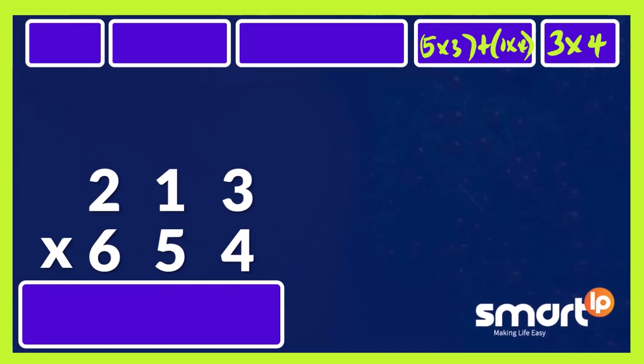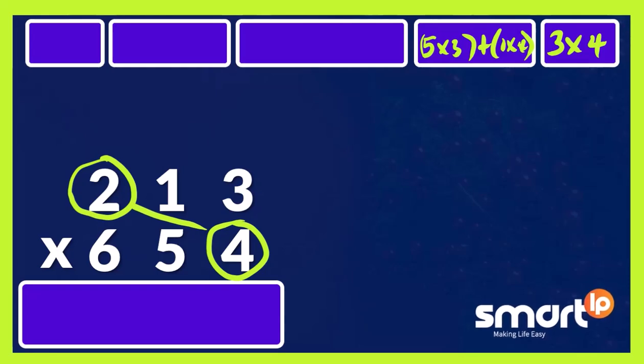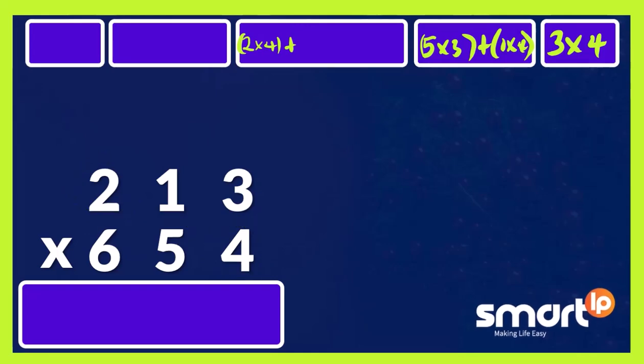The next step is also cross multiplication, but this is the way we're going to perform it. Take the first digit here and the last digit here and multiply them together. That is 2 times 4, in brackets. Next, take the last digit of this number and the first digit of this number and multiply them.